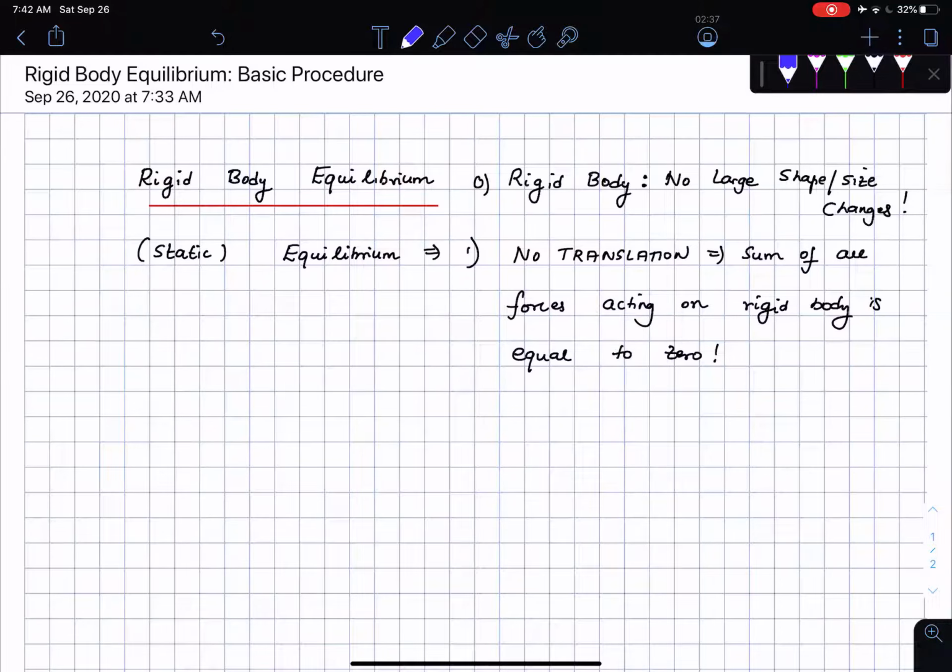So then what is the concept of equilibrium? It means there is first of all no translation.